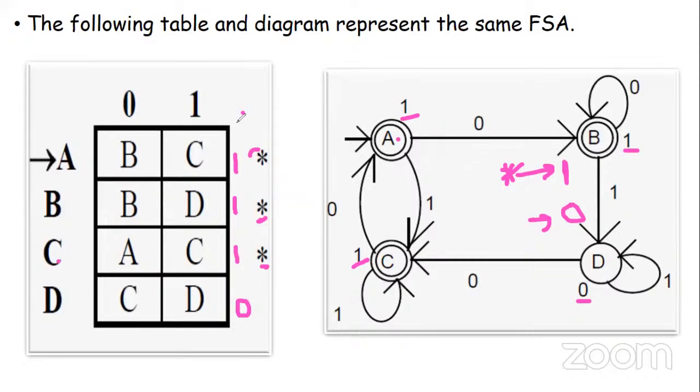So these are not outputs in any way, they are just symbolic to tell you that this is an accepting state, this is an accepting state. Showing that A is an accepting state, B is an accepting state, C is an accepting state, D is not an accepting state. And again, this here is showing us that A is an initial state. I hope you understand up to this point.